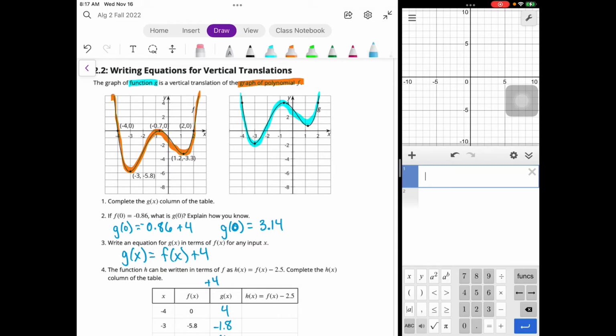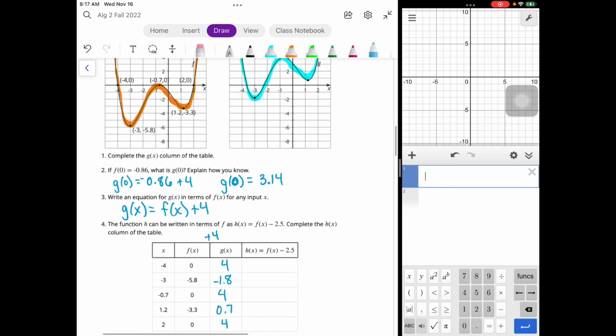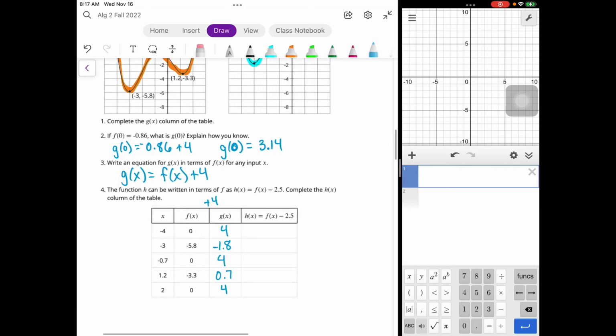All right, the function h can be written in terms of f as h of x equals f of x minus 2.5. So complete the h of x column in the table. All right, so basically what we're doing here is we are taking each of these values and plugging them in here to get our h of x.